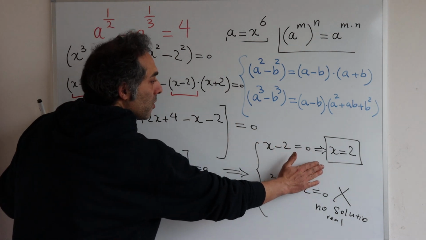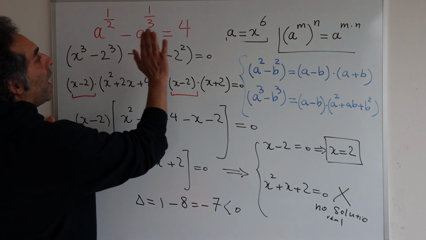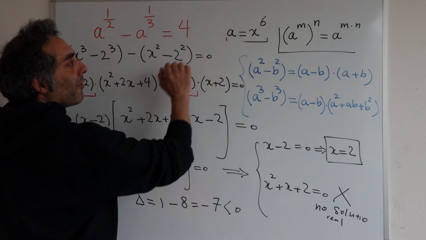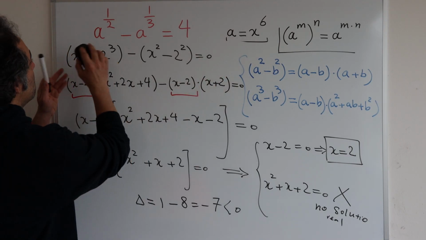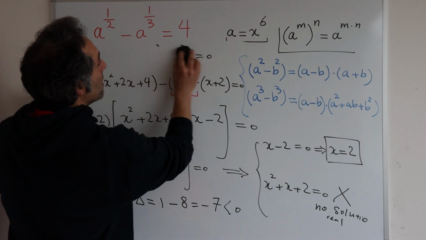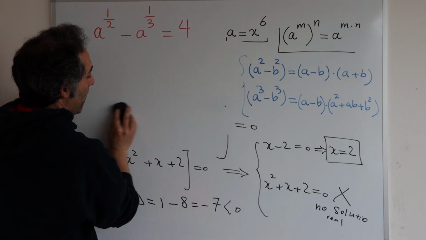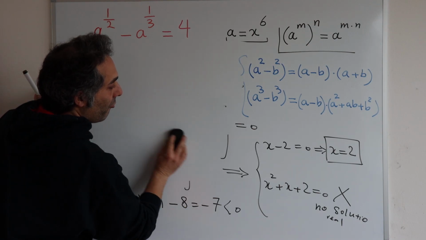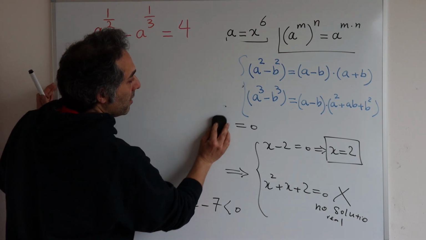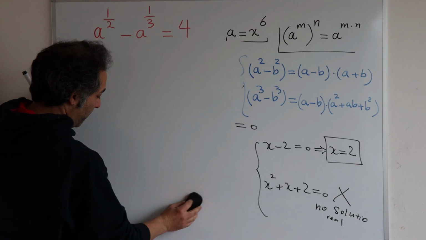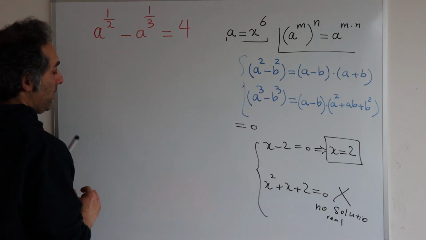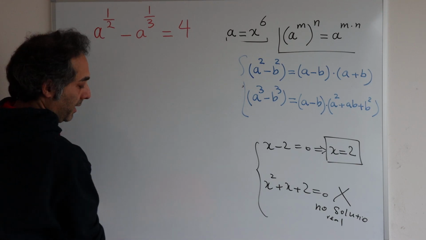And for x equals 2, I can find the solution of a here. I just erase this and try to find the solution of a, because the question of this problem is finding a, not x.